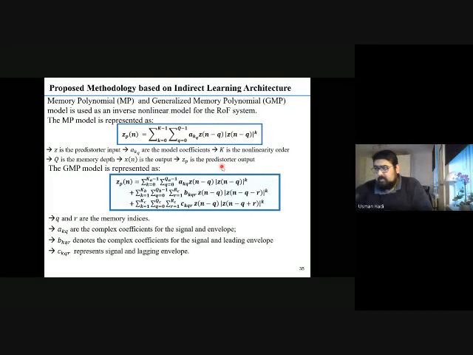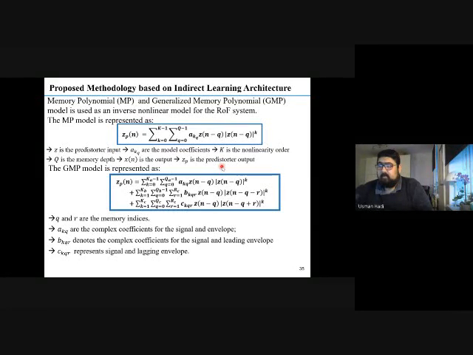I will not go into much explanation of the mathematics, but just to show you that it is coming from the Volterra series that is being used in signal processing. So you have memory polynomial and generalized memory polynomial. In memory polynomial, you have the coefficients a_kq, and you have the nonlinearity order k and memory depth q.